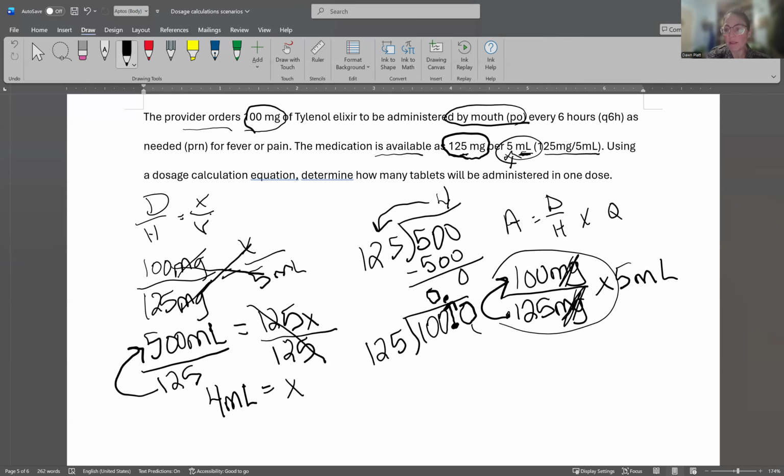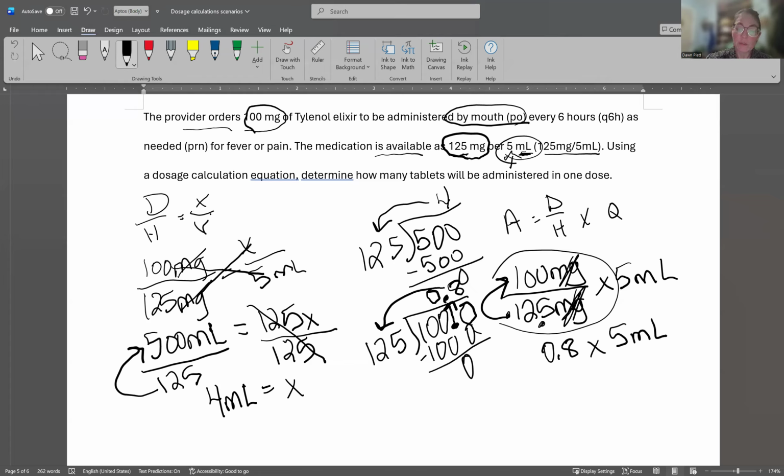If you do your calculations on scrap paper or on your phone, you're going to find that it goes in 8 times evenly. So 8 times 125 is 1,000. Subtract and you have 0. You don't need to go any further with that. So the solving of this one is 0.8 times 5 milliliters.